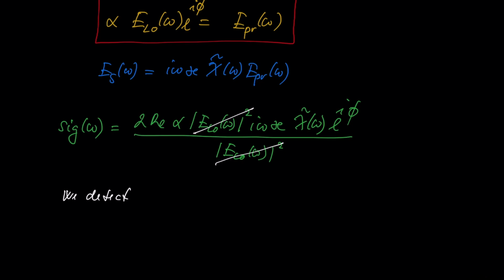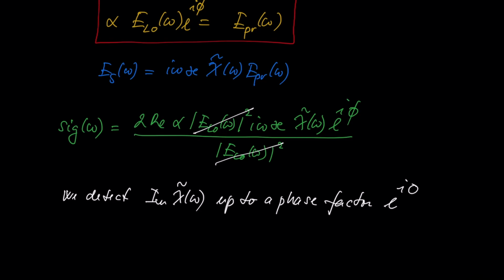So we detect the imaginary part of chi omega, unfortunately up to a phase factor, up to a phase factor e to the power of i phi. This means that in general, because we don't know what phi is, we don't detect the same absorption line shape as before. But, well, for the time being, we can just say that this issue can be solved.